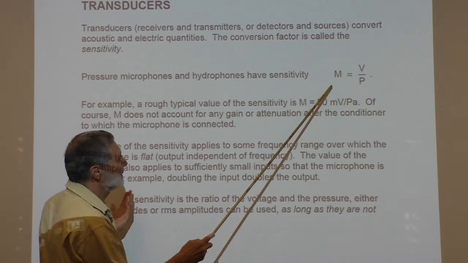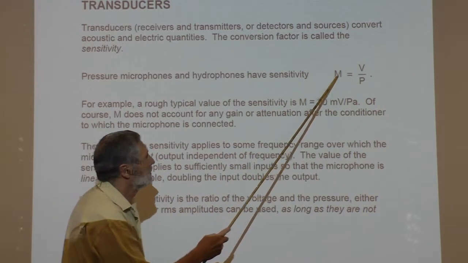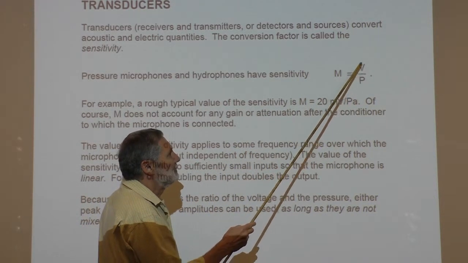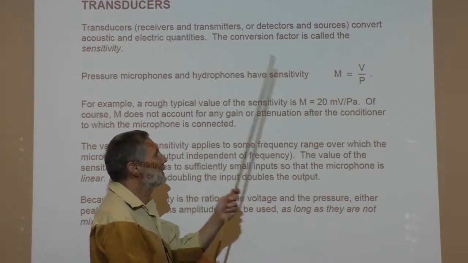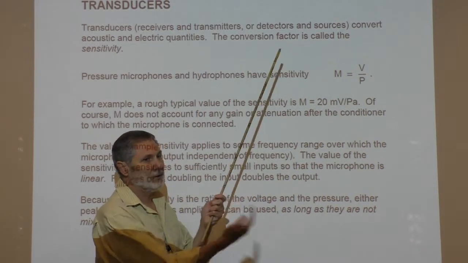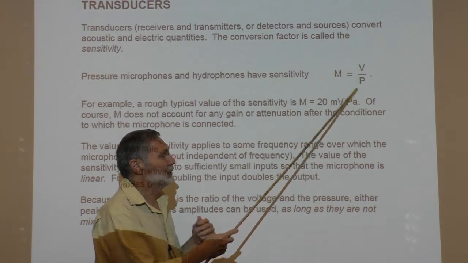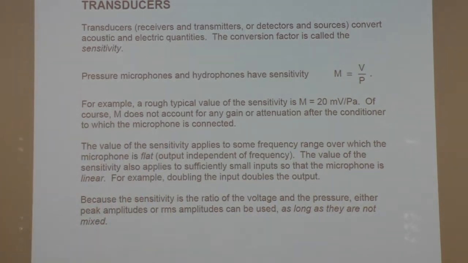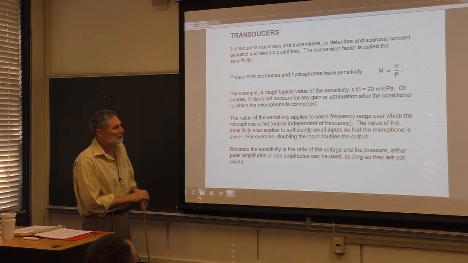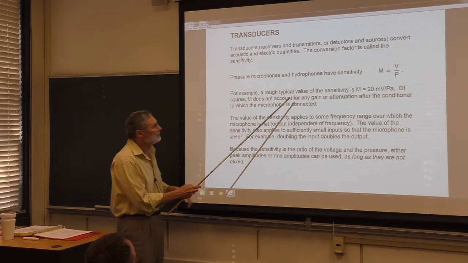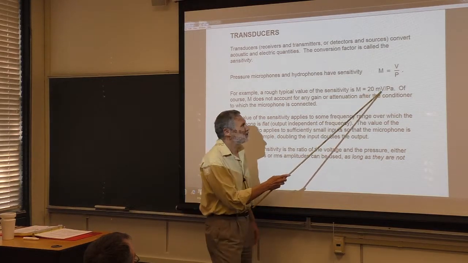It's universally called uppercase M, as far as I know. It's the voltage that you get. You have a sound wave of pressure amplitude P coming in, and you get a voltage amplitude out. It's the ratio, volts per Pascal. That's the definition of the sensitivity. For a pressure microphone in air, this is a typical value.